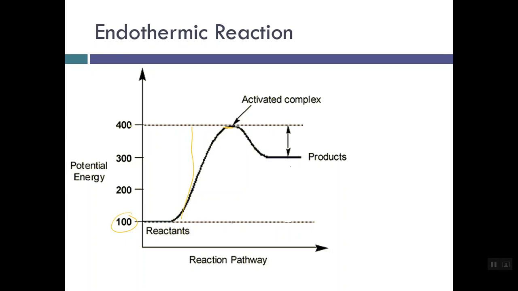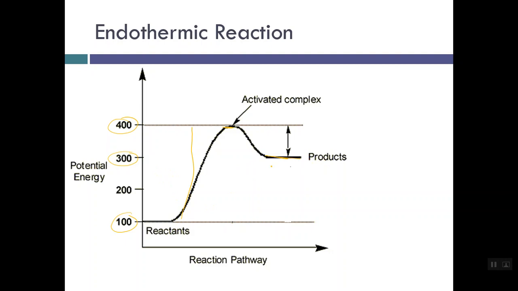So we get up to this activation complex here, and our reaction takes place. And then we end up with our products here at 300 joules. So the energy of the products is higher than the energy of the reactants.